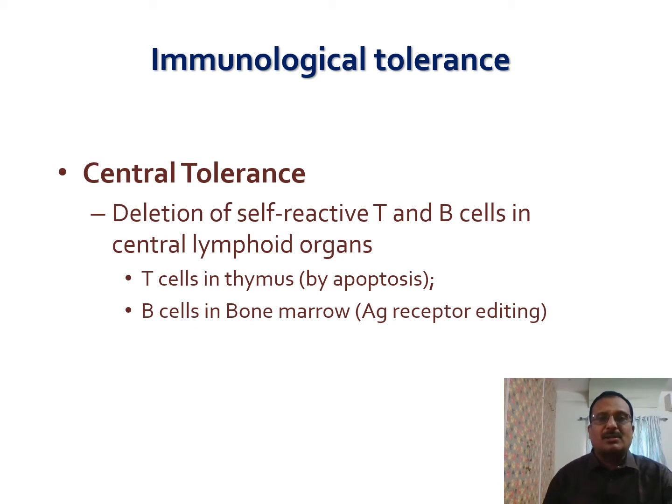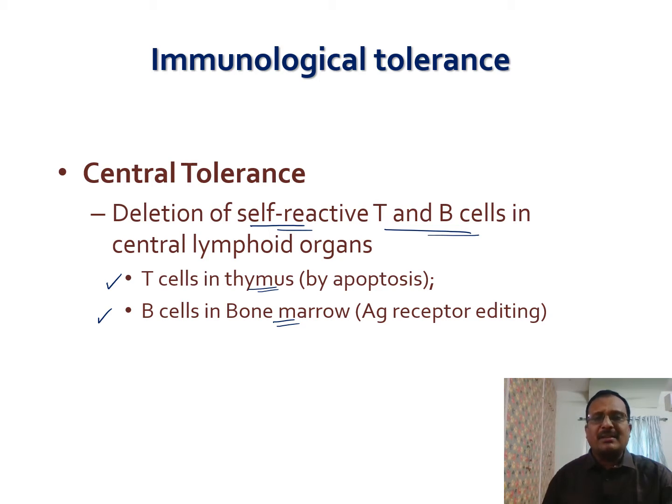Central immunological tolerance is obtained by the deletion of self-reactive T and B lymphocytes while these cells are maturing in the central lymphoid organs, the thymus and the bone marrow. T and B lymphocytes are produced from the bone marrow, and before maturing into immunologically competent cells they enter their concerned lymphoid organs, the thymus in the case of T cells and the bone marrow in the case of B lymphocytes.